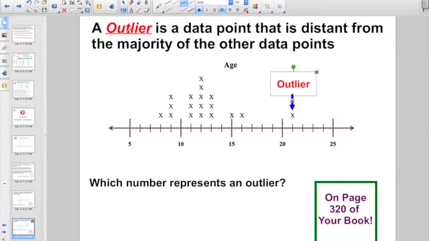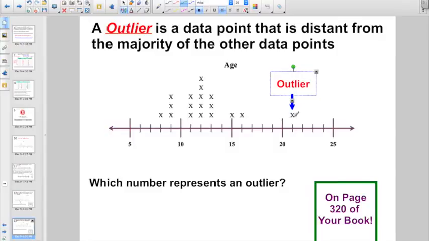Another piece of terminology, this time it's called an outlier. And an outlier just means a data point that is distant from the majority of the other data points. So here I had a cluster and I got some more X's over here, and it starts thinning out. And way over here, all by himself, he's lying out yonder.